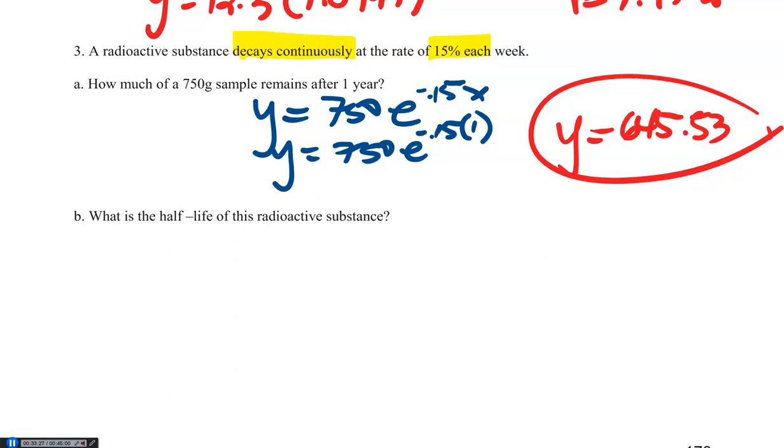Then letter B, what is the half-life of this radioactive substance? Half-life, 750 is 375.